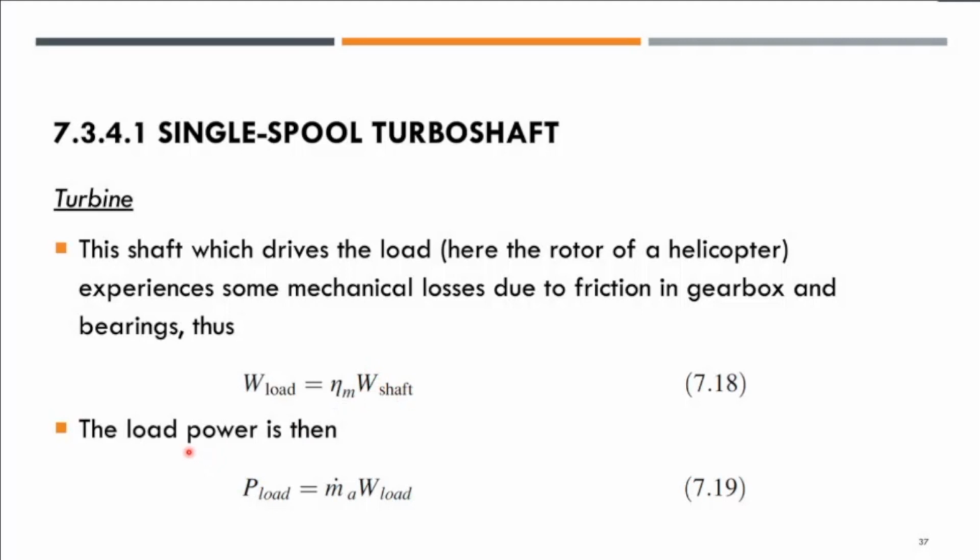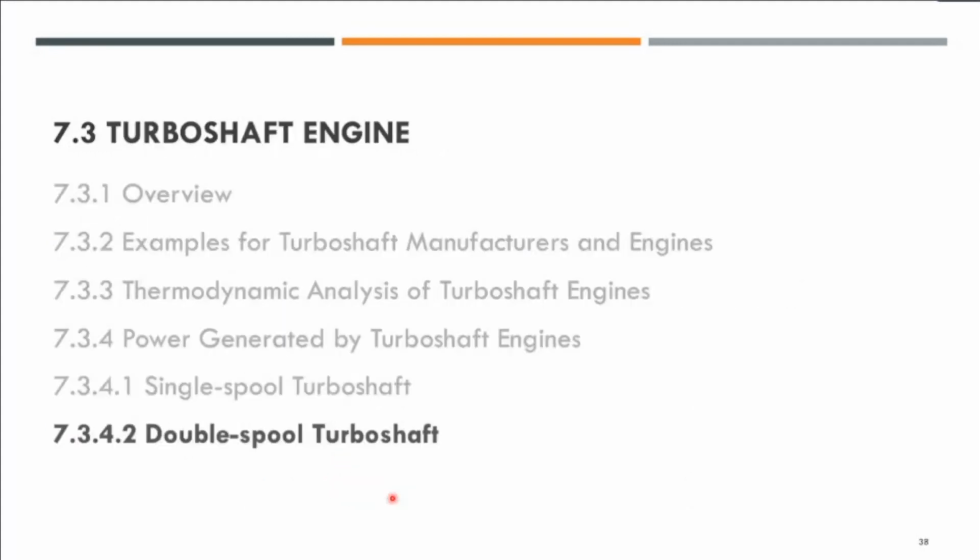All right, then the load power is P load equal to m dot a W load, the work times the mass flow that goes into the rotor blades.